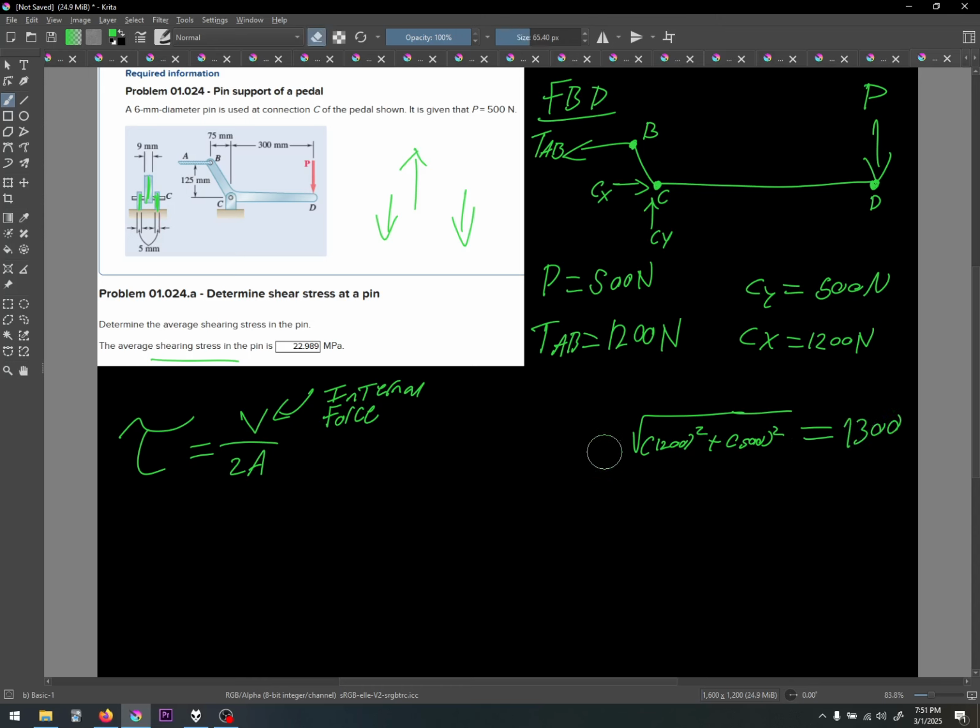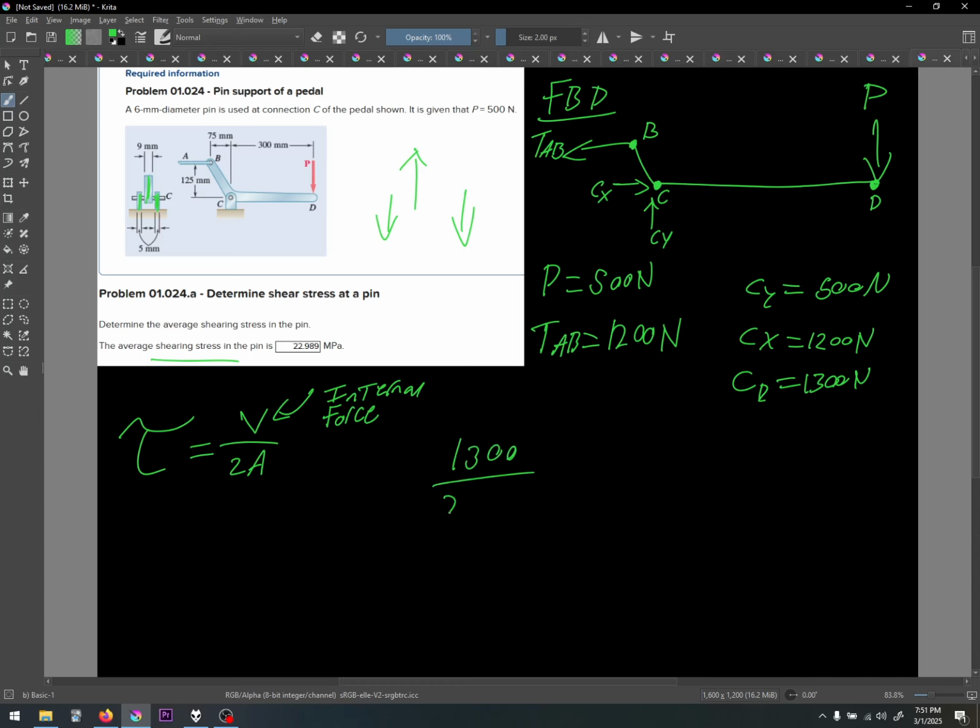Okay. So with this, we have the forces acting at C. I'm going to try to use that for V.